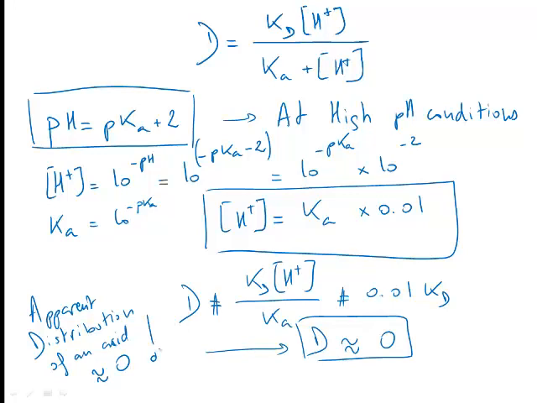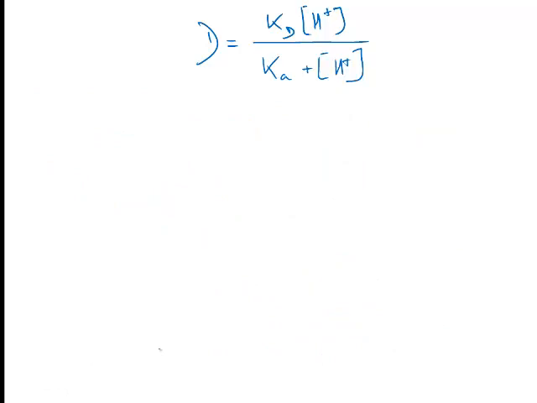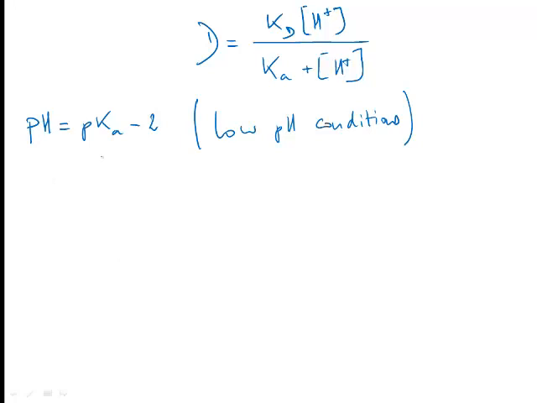We can do the opposite. We can look at low pH condition, where pH is equal to pKa minus 2. So it's low pH conditions. Well, we can redo exactly the same thing.